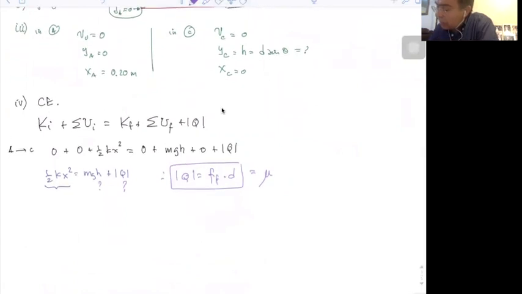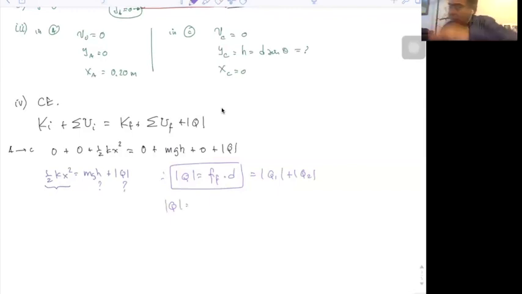So since we have two segments of the motion, we will have Q number 1, let's call it this way, in the horizontal segment, plus the second term when you go up the incline. Let us work this a little bit more.